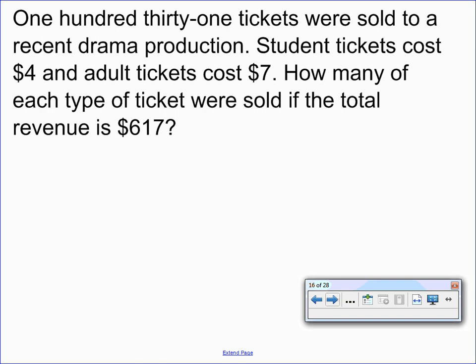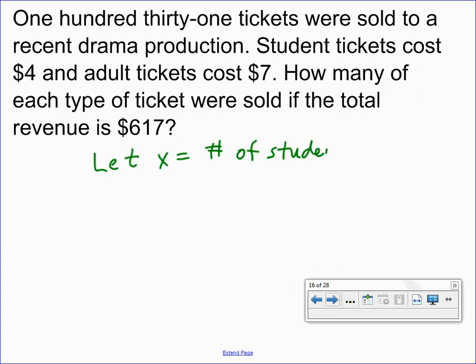So what I'm going to do is go ahead and let x equal the number of student tickets sold. Let's define our variables. Let's let y equal the number of adult tickets sold.